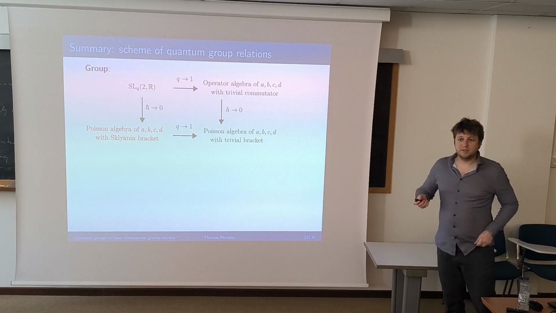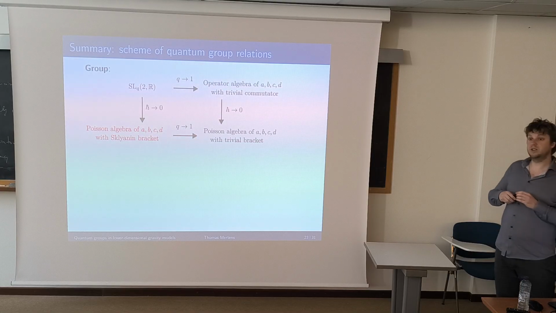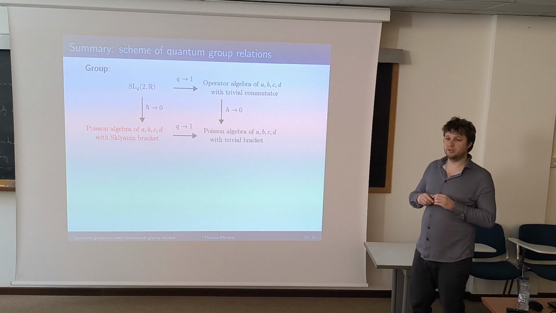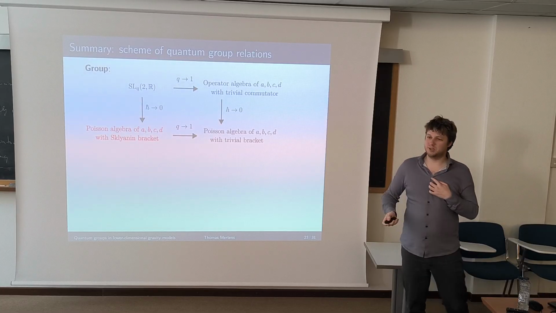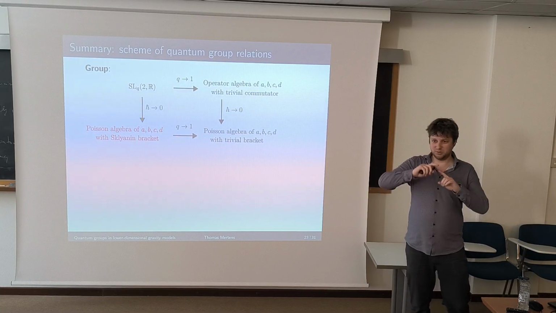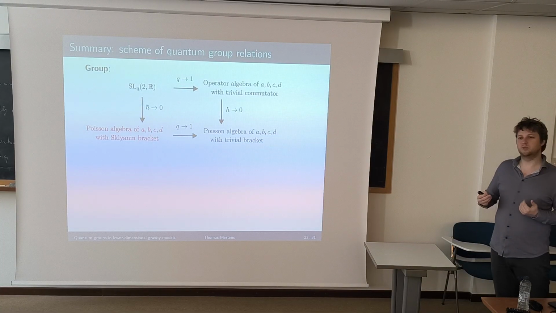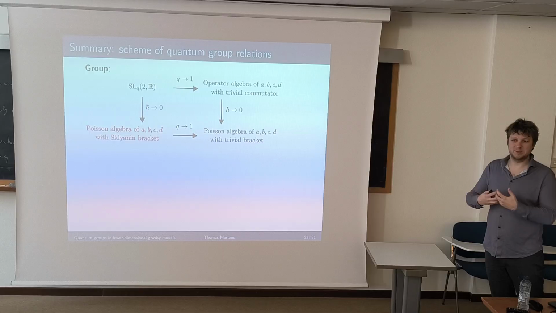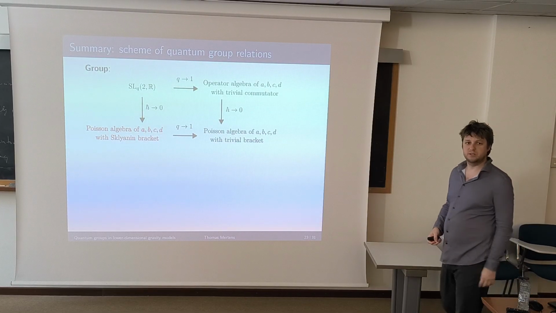The q to 1 limit is the limit where all of this nonlinear structure, this quantum group structure, linearizes again, and you go, for instance, from quantum group to a Lie group. But this is different from h bar to 0, where you go from commutators to Poisson brackets. So you need to distinguish between h bar to 0, the physical h bar to 0, the way in physics we quantize a system, and the mathematical q deformation of linear structures into nonlinear structures.